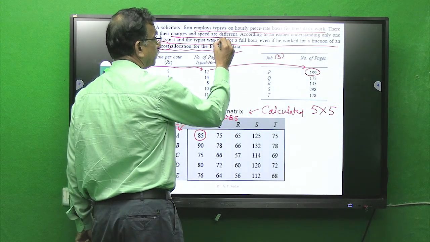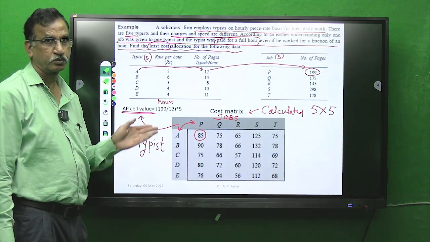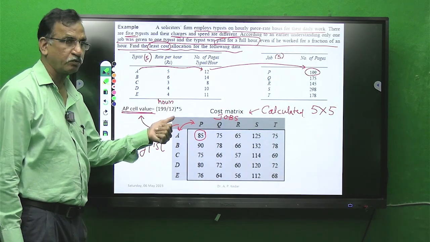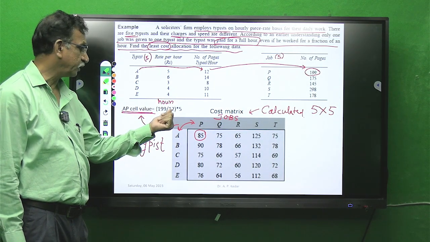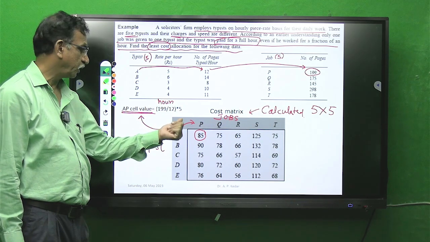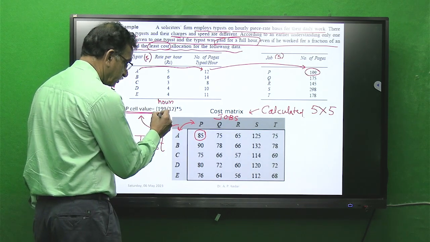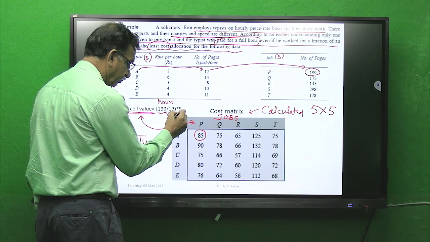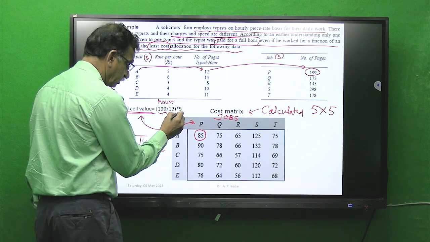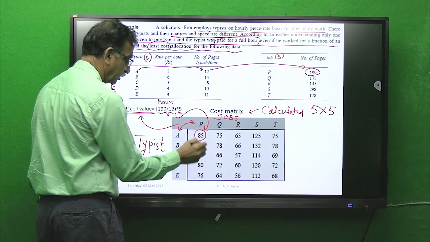He is paid for the full hour. So the fraction is rounded to 17. 17 into 5 is 85. So this multiplied by this product, this is yielding 85.